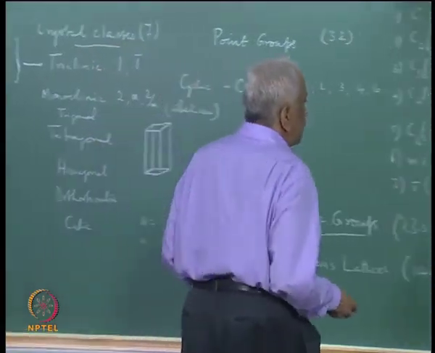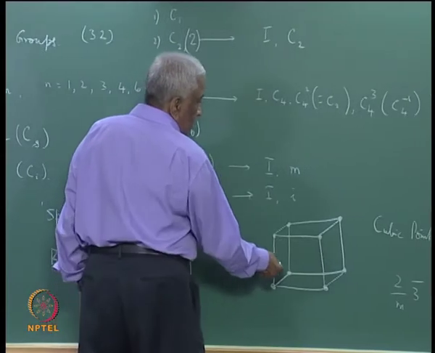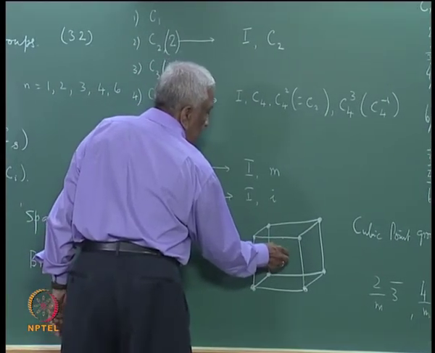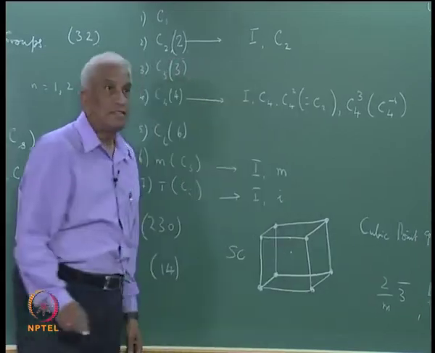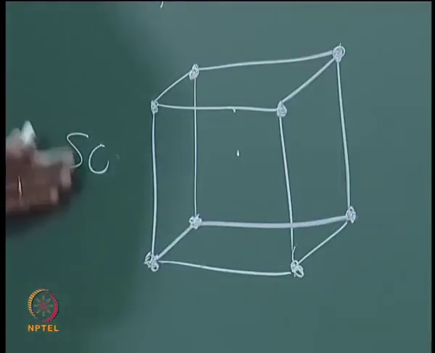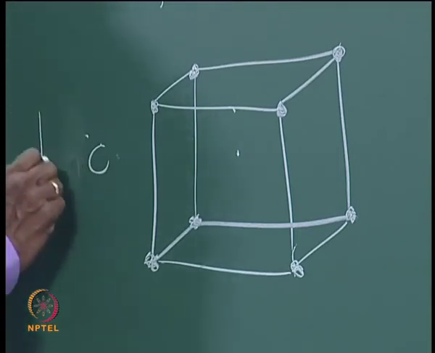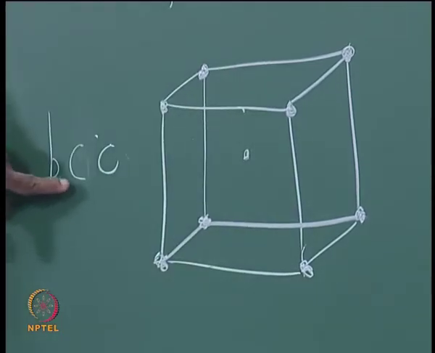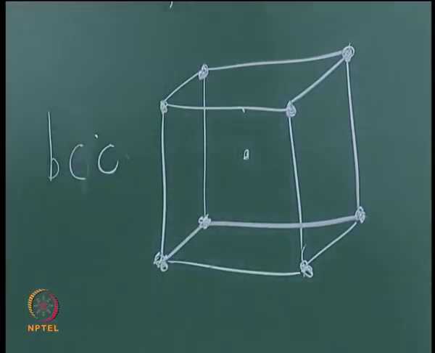These tightly packed structures are got, for example, by adding an atom or molecule at the body center of the cube, then the simple cube becomes a body centered lattice, body centered cubic lattice, BCC.